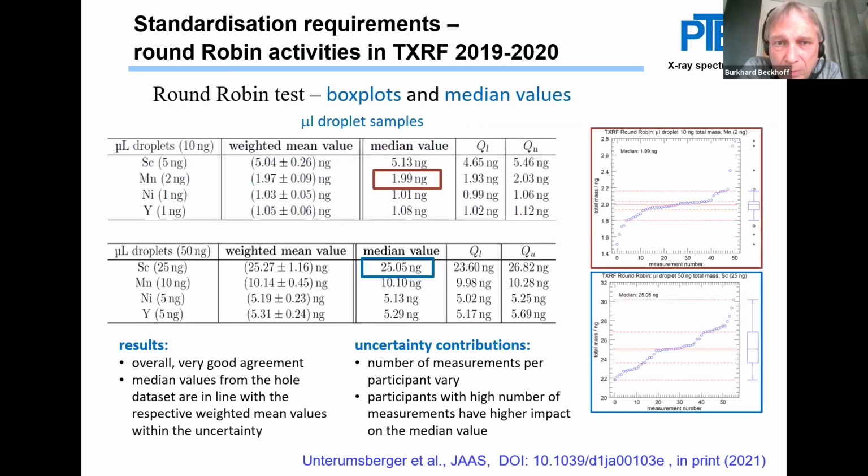And here you see the box plots and median values for these measurements. Overall, one can state very good agreement. So a good agreement requires a reliable pre-calibration, a good knowledge of the instrument, an appropriate morphology of the samples to be analyzed.